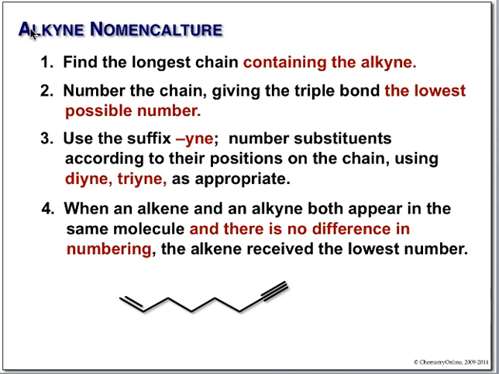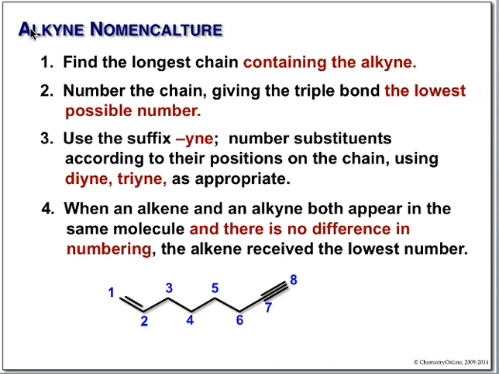So what you do is you look at the molecule and you say, if we started numbering here, would we get a different sequence than if we started numbering here? Just number sequence. No, we wouldn't. We're going to have a functional group here at carbon 1, regardless which way we start numbering. So the rule is that the alkene wins. The alkene will get the lowest number. So, this is how we're going to number the thing.